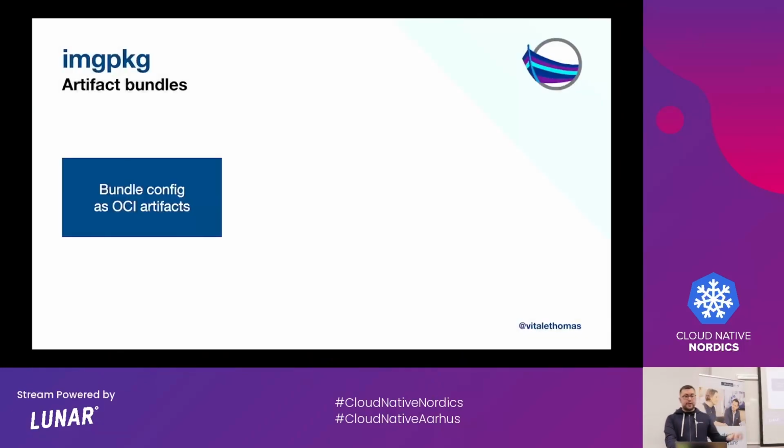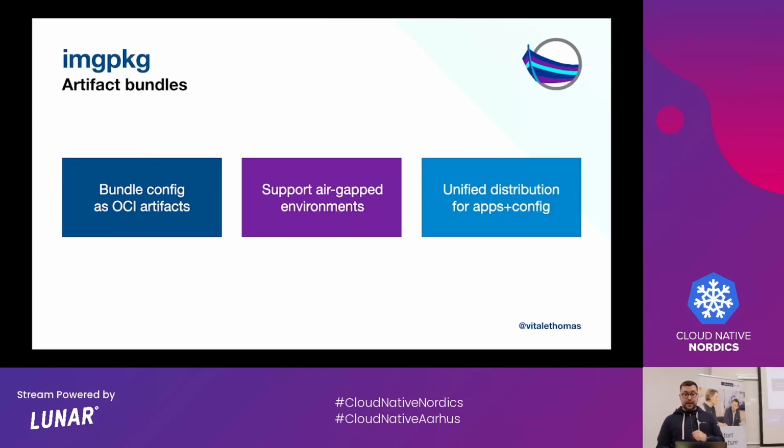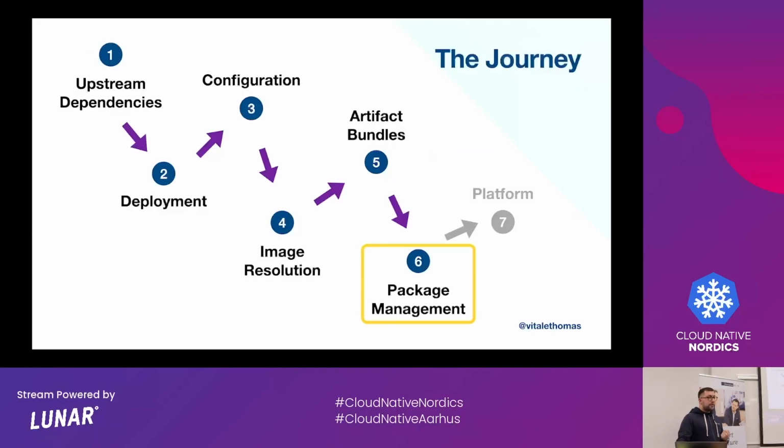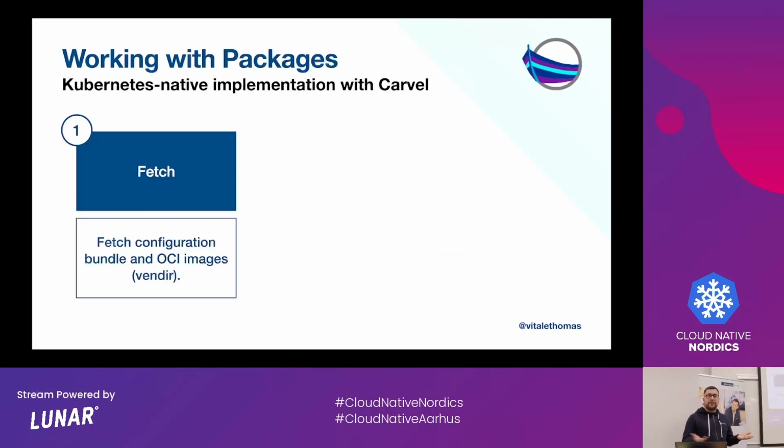So we get this bundled configuration as OCI artifacts, support for air-gapped environments, and we get this unified way of distributing both configuration and applications. And now the final part is around package management. Because if you take this OCI artifact yourself now, you can pull it down on your computer, but you still have to go through 3 stages. The first stage, you have to fetch it.